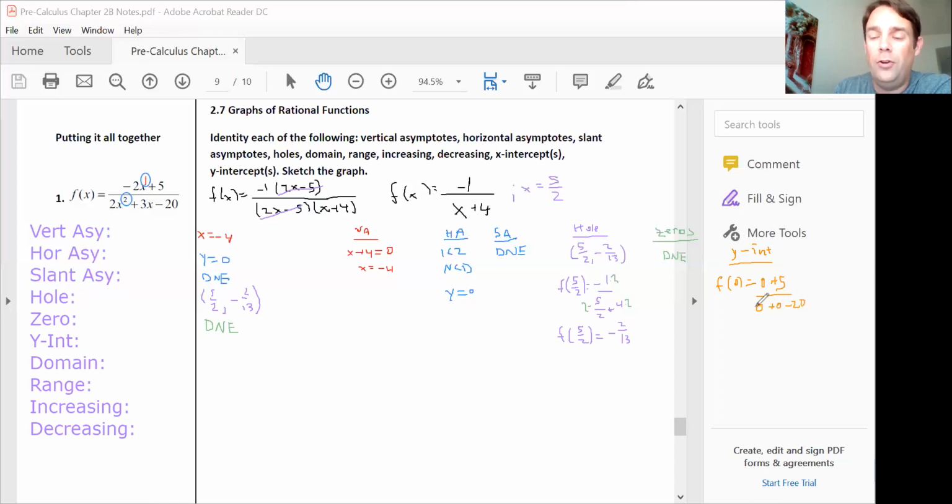So that means my y-intercept is going to be -1/4. All right. Now, before I do all the rest of it here, I'm going to go ahead and graph it so we can see it.